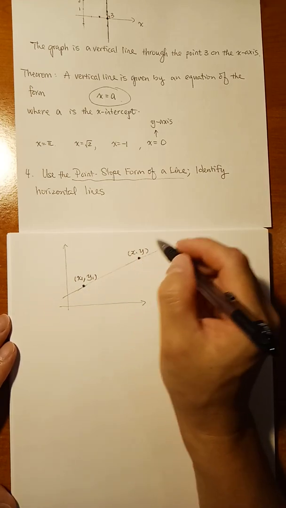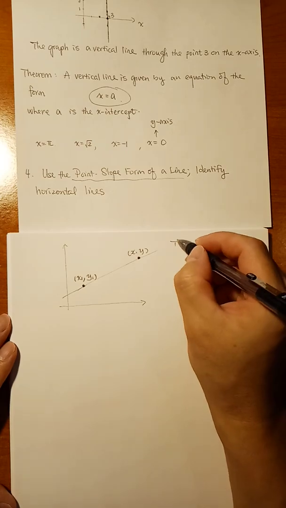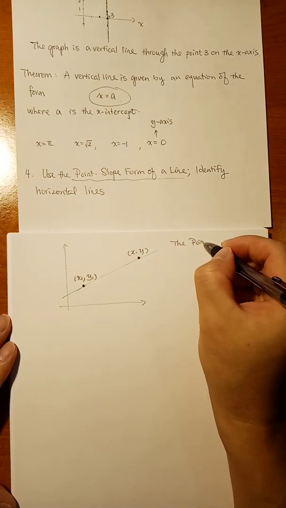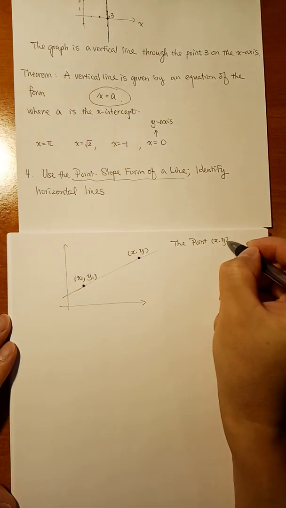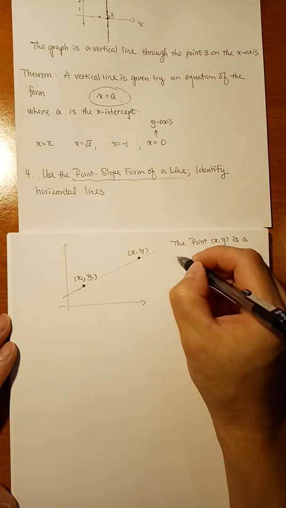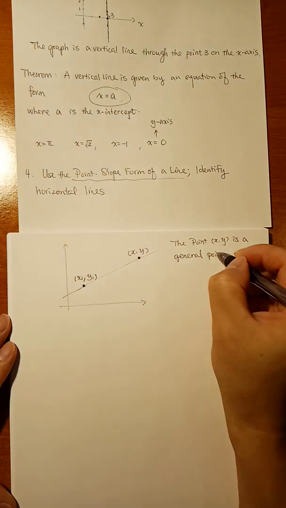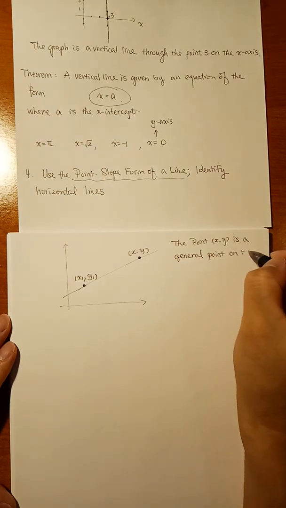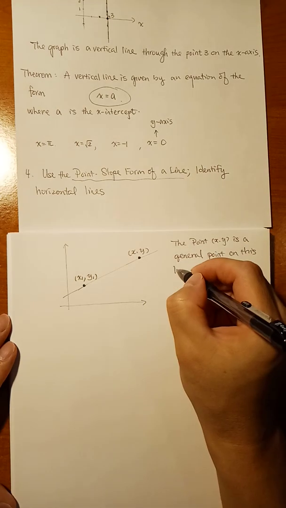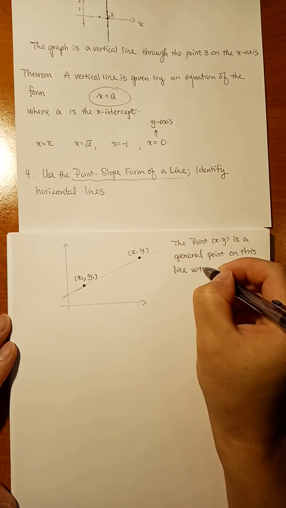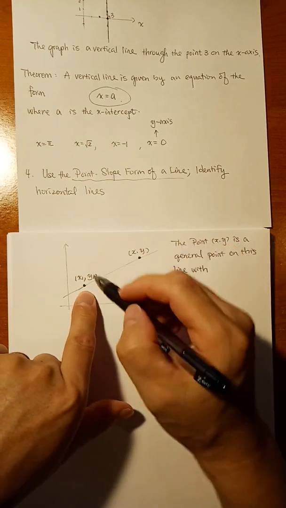Okay, arbitrary point. So the point x, y is a general point on this line. This fixed point is already given.